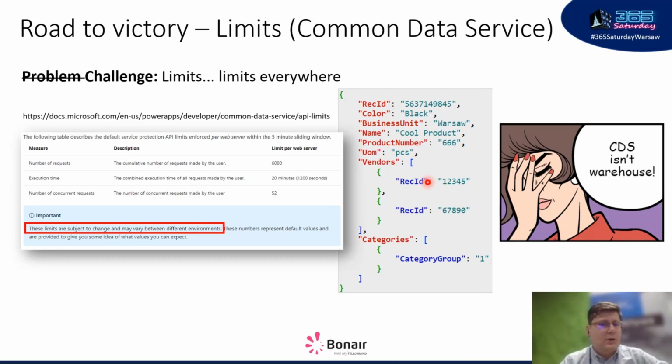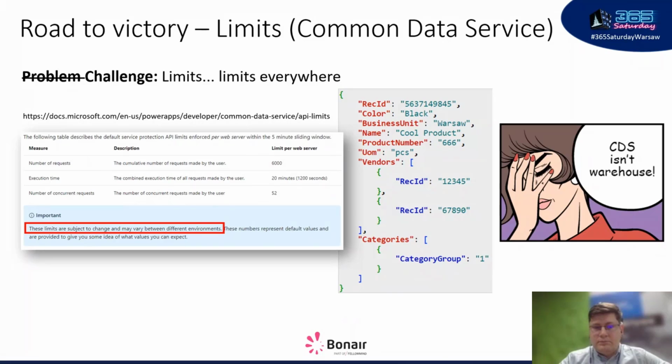In this example, we need about 6 requests to create or update this record on the CE side. And that's why 6,000 is not a real number. In our implementation, we are able to make up to 1,000 requests per 5 minutes.